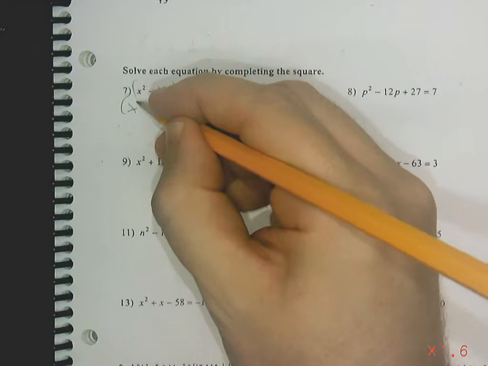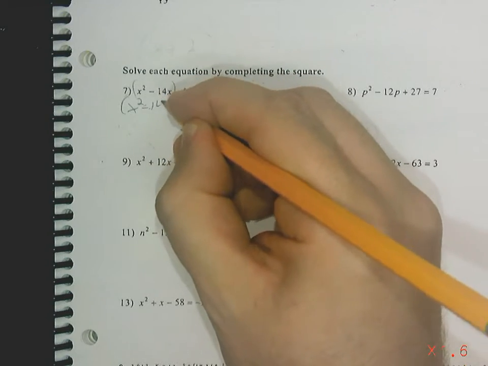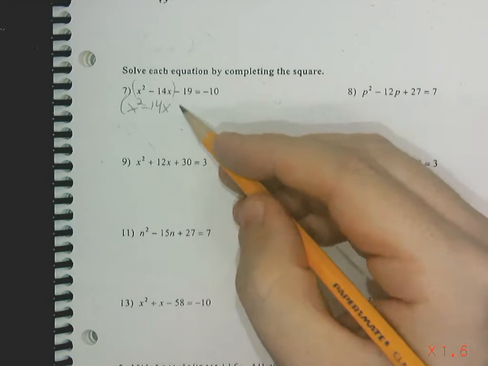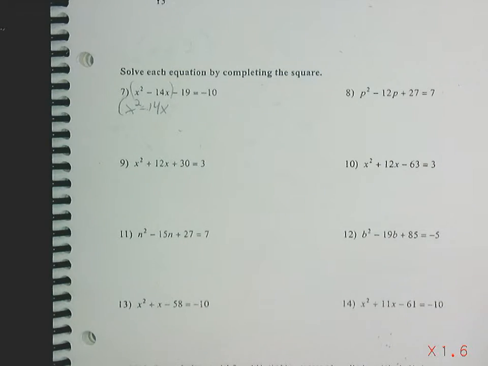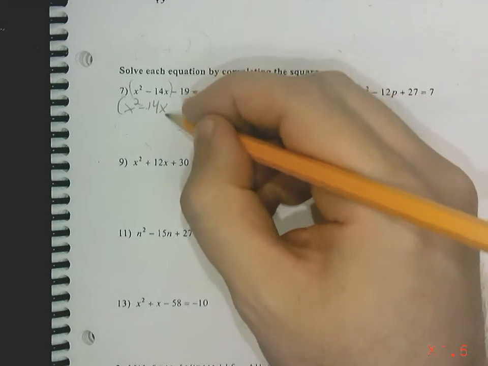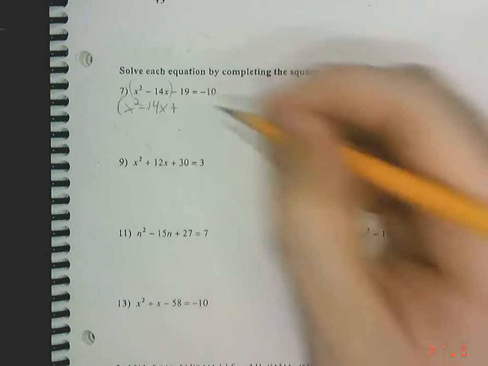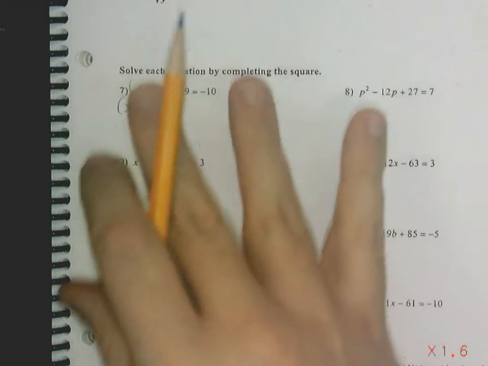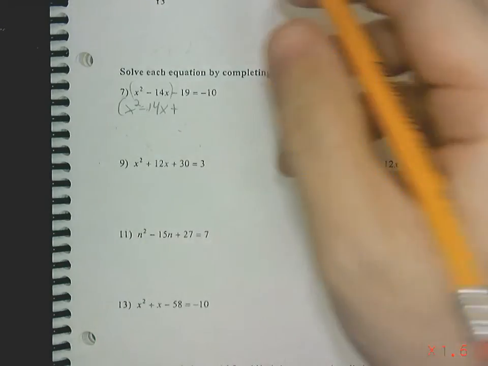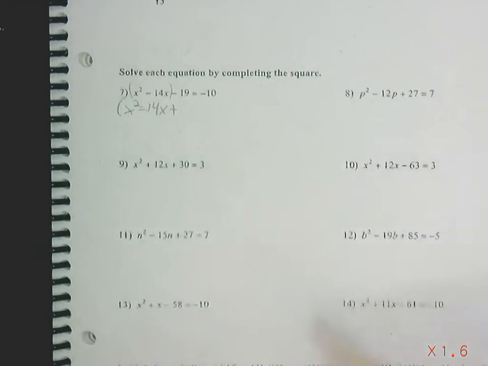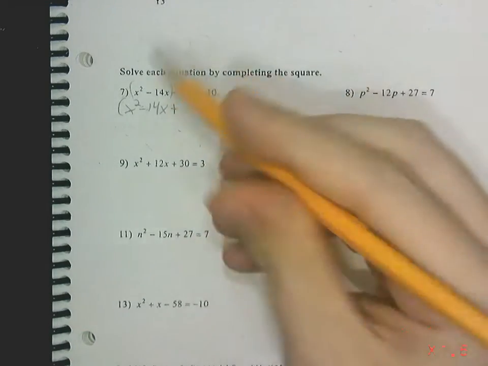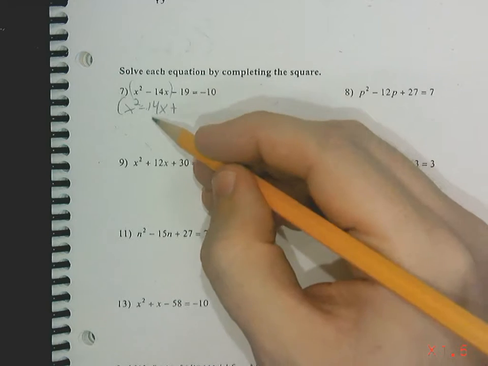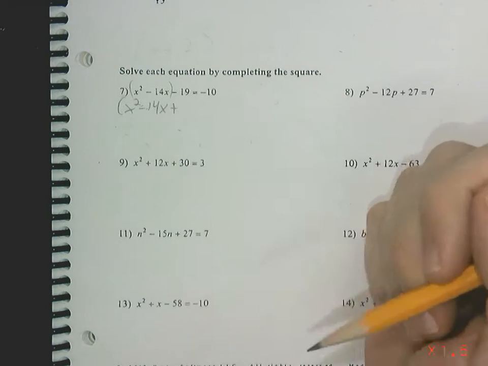So if I rewrite this, x squared minus 14x, I want to figure out what third term I could put in here that would produce a perfect square, something that could factor down into what I showed you up there, the x plus 2 squared. To do that, with the middle term, that 14x, you need to divide that coefficient by 2.